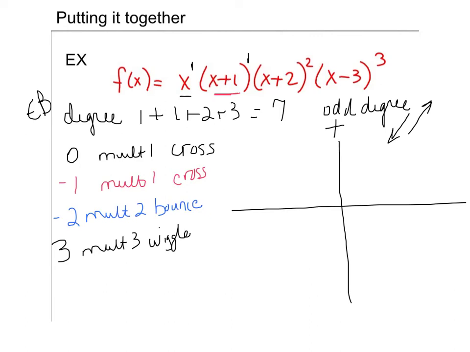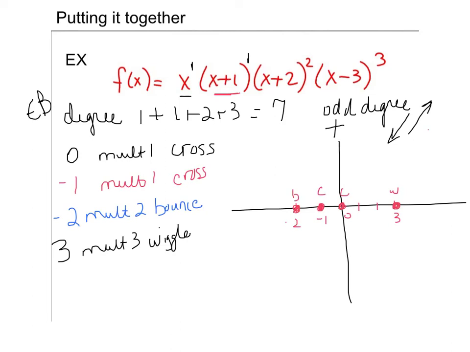So I know for sure that I have a factor at 0, one at -1, one at -2, and one at 3. At 3, it was a wiggle. At 0, it's a cross. At -1, it's a cross. At -2, it's a bounce. All right, so that's what it does at the x-axis.